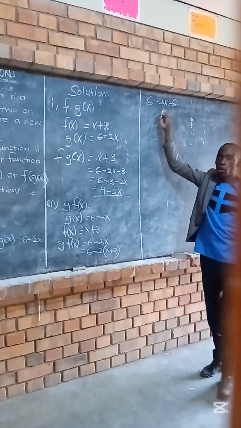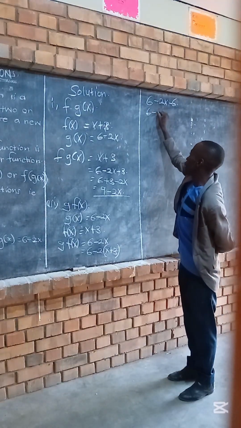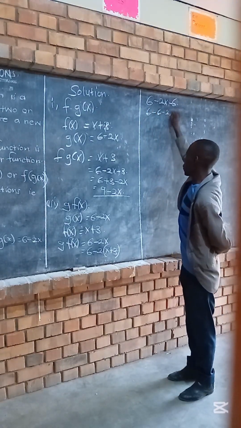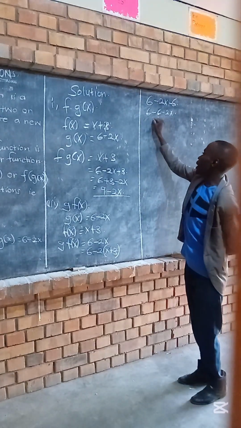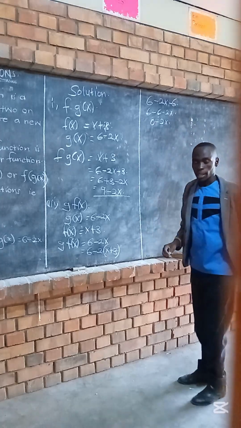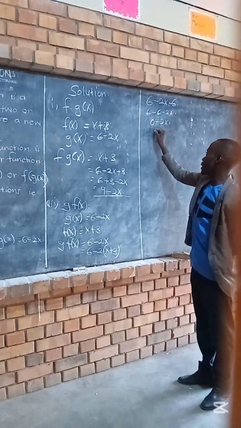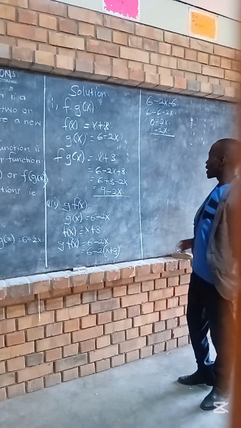Then here, we collect like terms. We get 6 minus 6 minus 2x. But 6 minus 6, we get a 0 minus 2x. Finally, here we get a negative 2x as the answer.